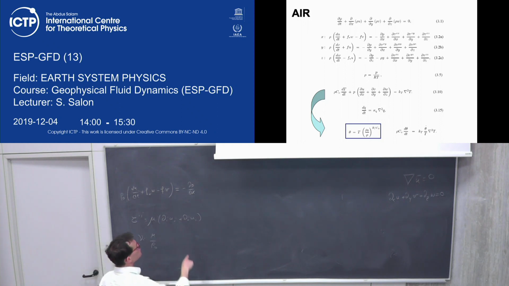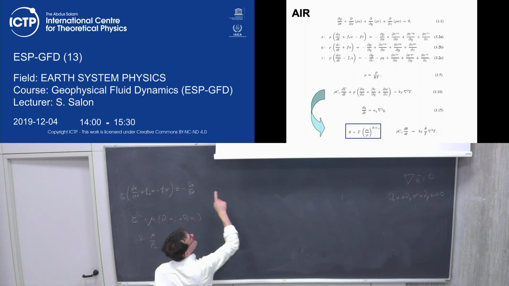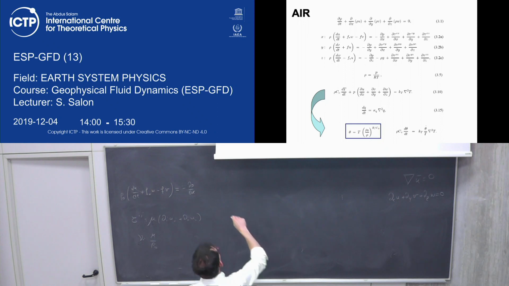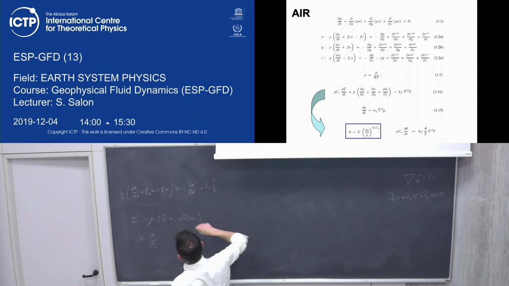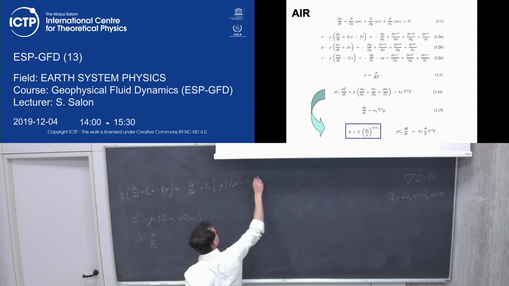Okay, so let's try to work on this. We have dx of tau xx, which is dx of mu times dx u plus dx u.